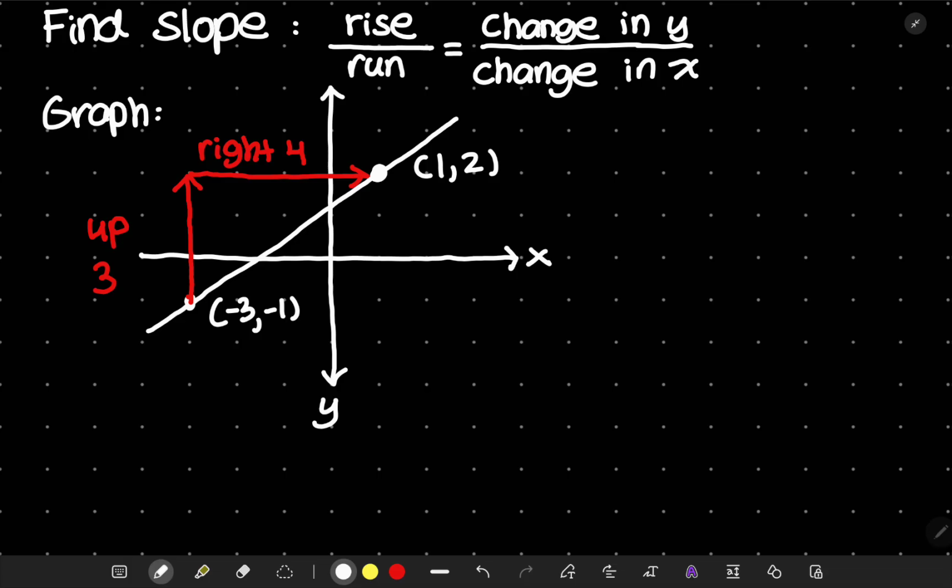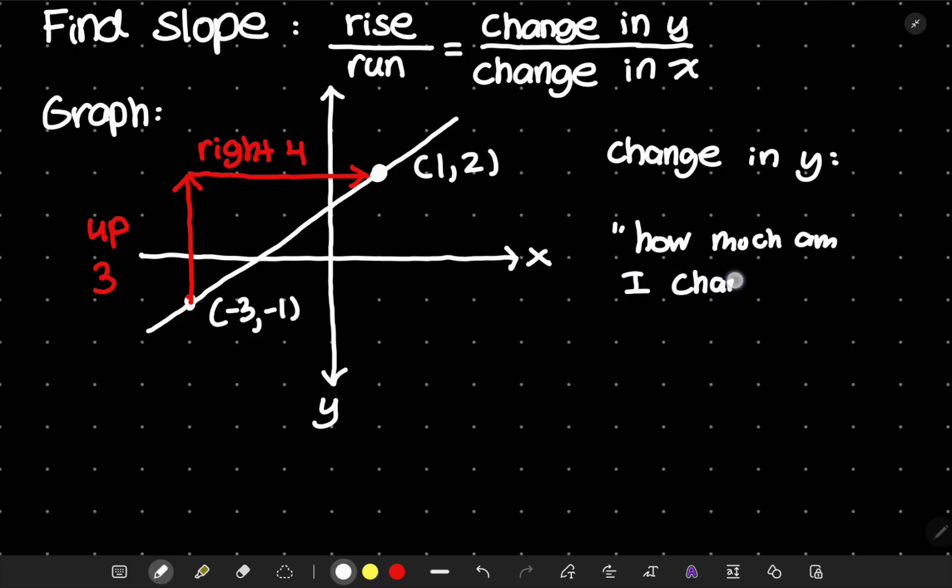So when I really think about the y, the change in y is really asking us, how much am I going up and down? So the change in y is, how much am I changing up or down? So you can see here that the change in y is going to go up or down.